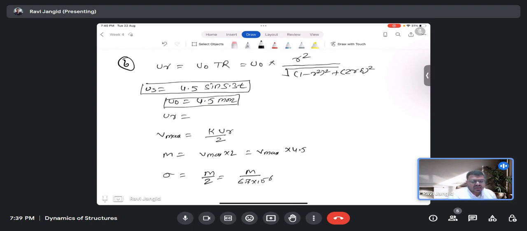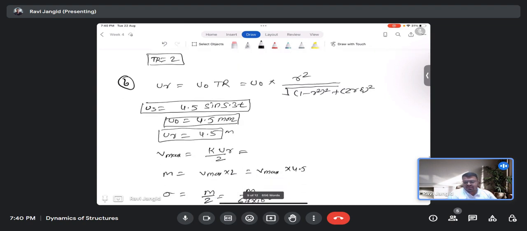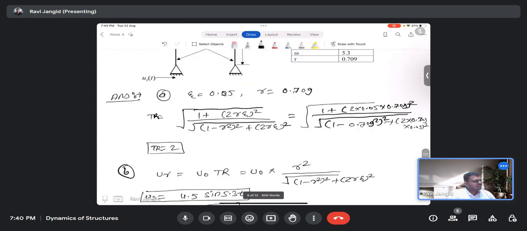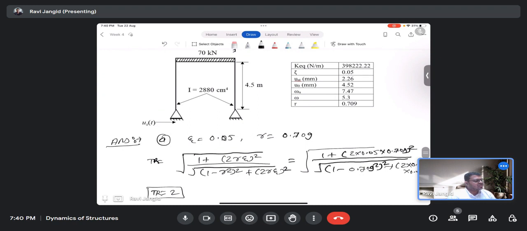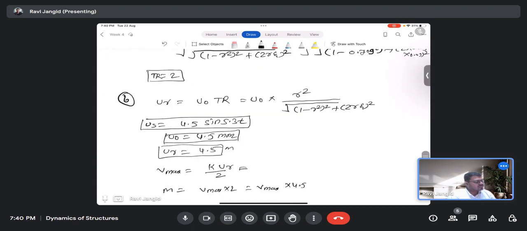So, anyone with the UR? 4.502, yes, it is coming nearly the same, 4.5 mm. So what is my V maximum? Let me write the stiffness: K is 398,222.22 Newton per meter.